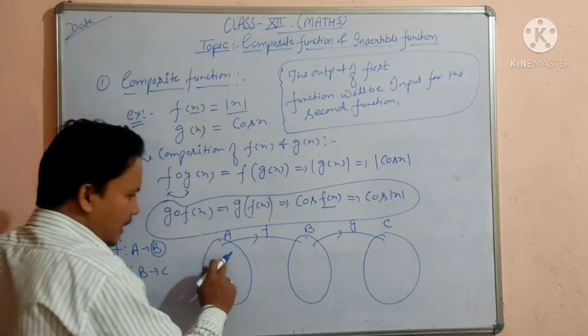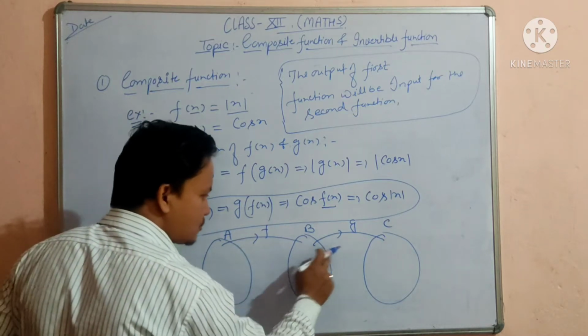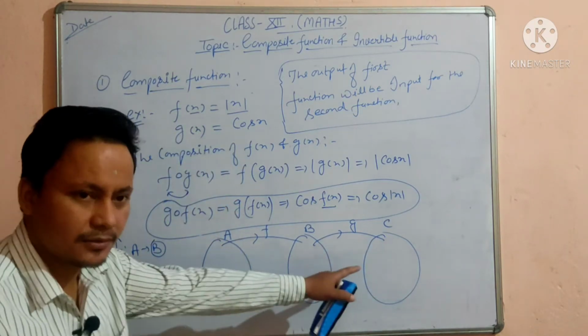Now see, f is going from A to B and g is going from B to C. So there are two functions, f and g.